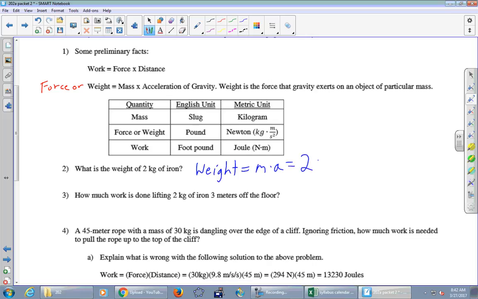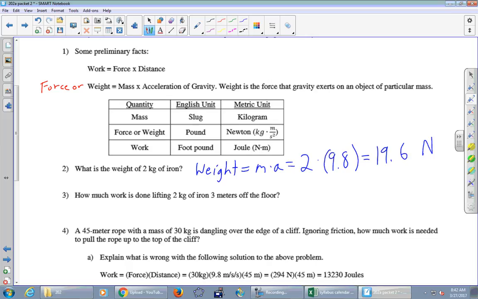Acceleration in metric here on Earth, 9.8. And so we just get 19.6. And the unit for weight in metric, newtons. 19.6 newtons, that's how much the thing weighs. If you were to weigh that thing on the moon, it would be a different weight, right? It would weigh less.